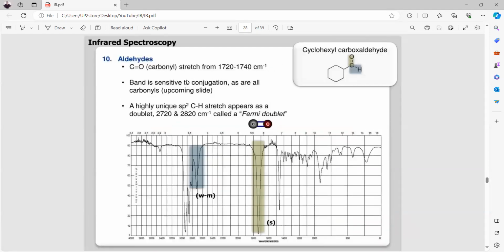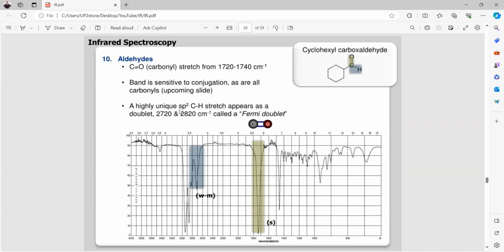So we can talk about aldehydes, and we have an example, cyclohexyl carboxaldehyde, and the C double bond O carbonyl stretch from 1720 to 1740, which is very sensitive to conjugation, as are all carbonyls, in an upcoming slide.